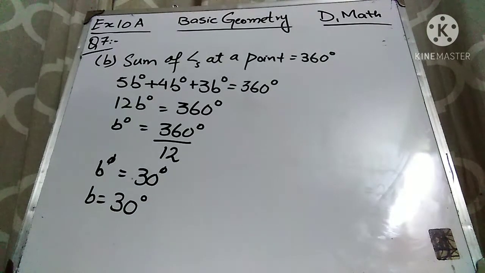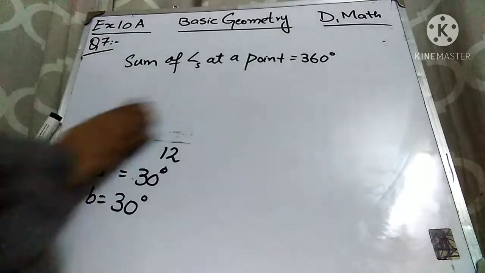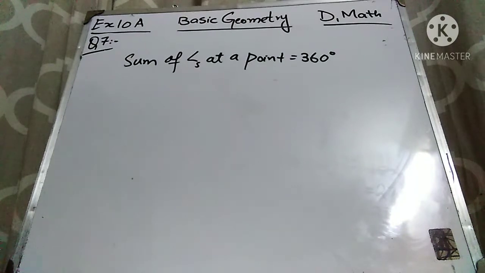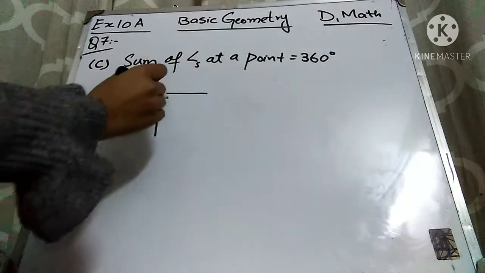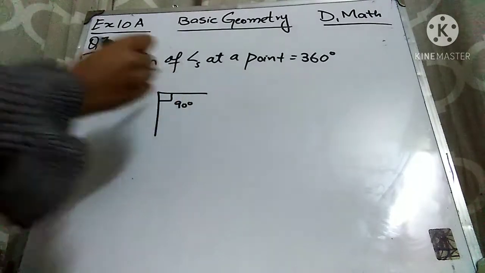Let's come to the C part. In the C part, three angles are given, and students, in the fourth angle you see this line. This is a straight right angle. So a right angle is equal to 90 degrees.